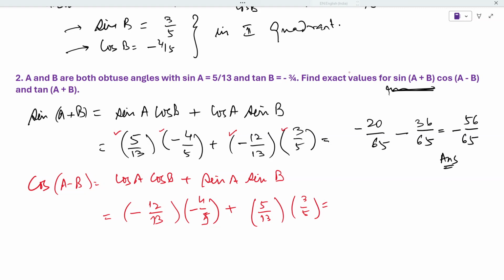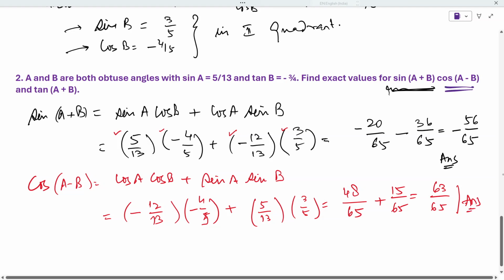So this is 48 upon 65 plus 15 upon 65. So it is 63 upon 65. Answer. Okay, this is the answer.